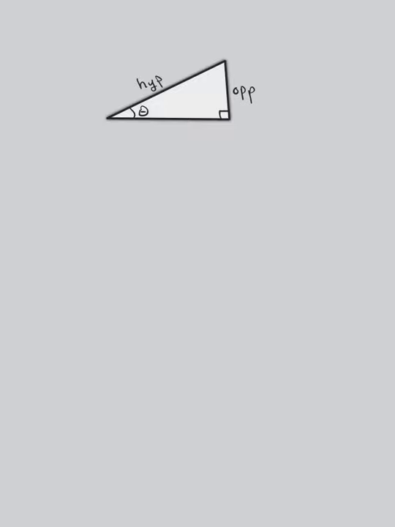We'll abbreviate it as OPP, like that. Be very careful about this labeling because it depends on what angle you're talking about. Then the third side of the triangle we'll label ADJ, and that stands for the adjacent side.